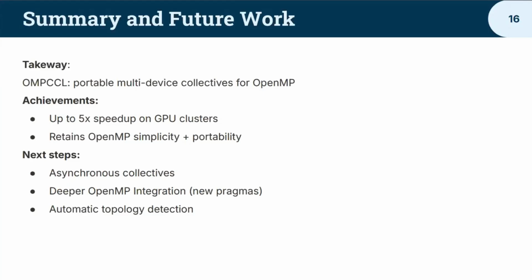As for now, we don't have front-end compiler support. In every experiment, we wrote the API calls by hand. And also, we want to study more how we can get portable topology information, so we can just run the binary and the algorithms have an idea of how to execute efficiently.